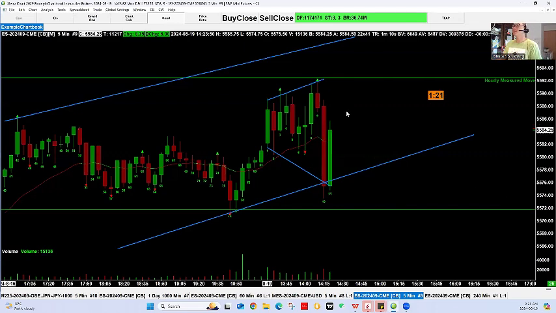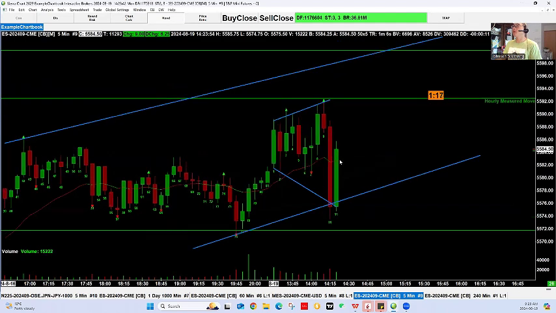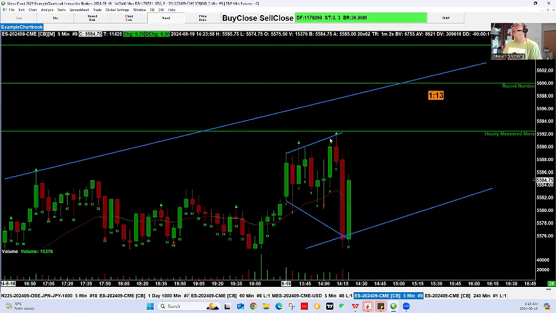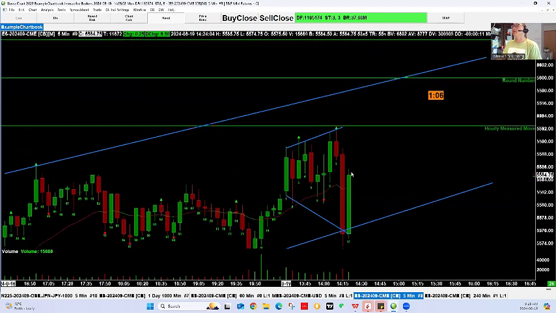A bear trap. But need to be careful because the upside is very limited, many resistance here. If entering, needs to enter very small.